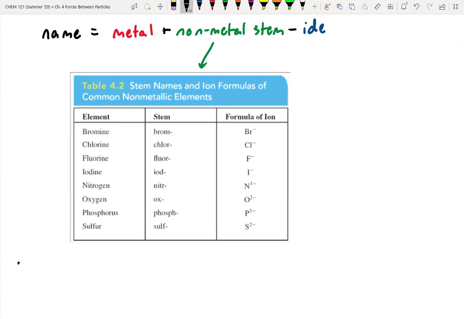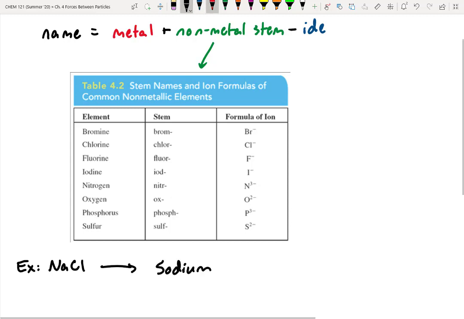All right, so let's do NaCl. That was one of the binary compounds we looked at in the last video. So in this case, its name would start out with the metal. Sodium is our metal, so we just say sodium. I'll underline this in red, that way we know that it's the metal.